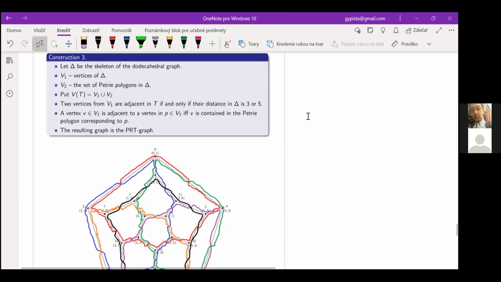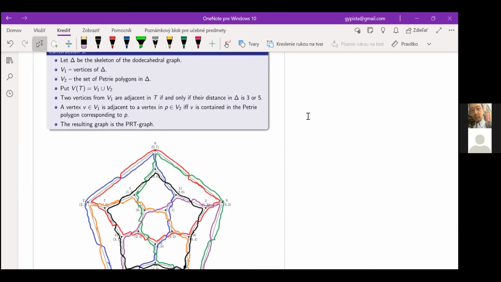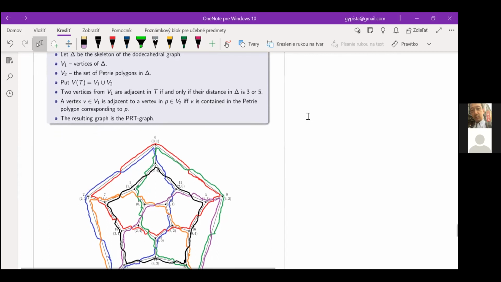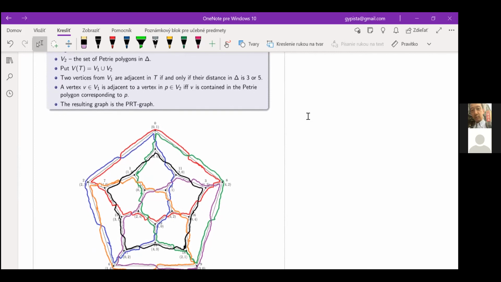So again, we need 26 objects. 20 objects are given by the vertices of the dodecahedron, and the remaining 6 are the so-called Petrie polygons in the dodecahedron.